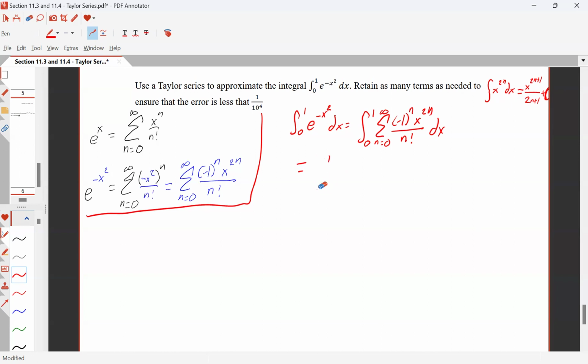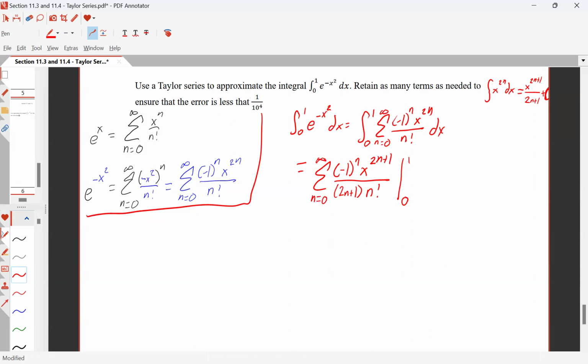Once we take the integral, it will be negative 1 to the n x to the 2n plus 1 over 2n plus 1. We just use the power rule on the x part, and then n factorial, evaluated from 0 to 1. This goes from n equals 0 to infinity.